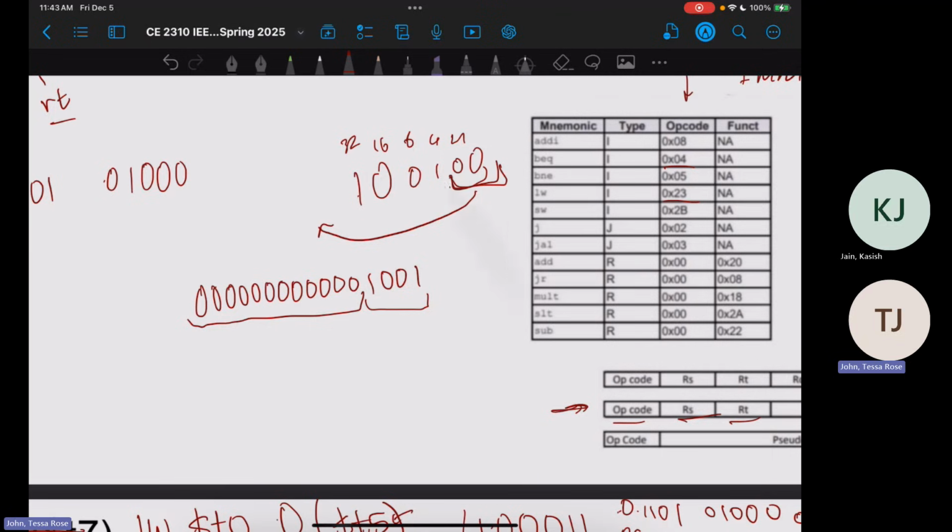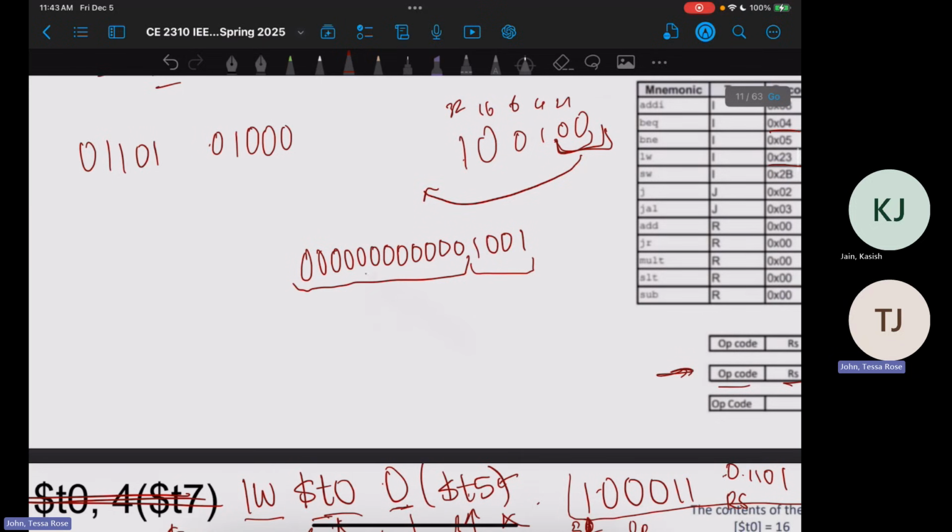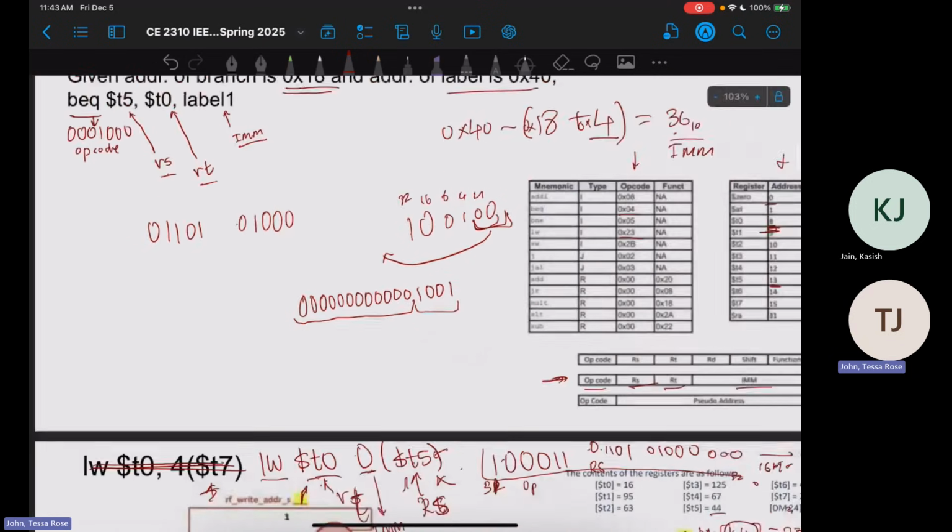Because it's just zeros, right? And we know if it's a factor of 4, in binary it's always going to end in 0 0. Just take the last two zeros off to save the bits, and we add more precision in the beginning. So the answer would be 0 0 0 1 0 0.